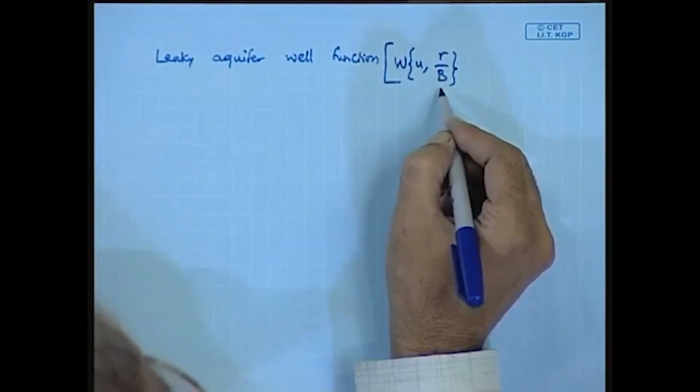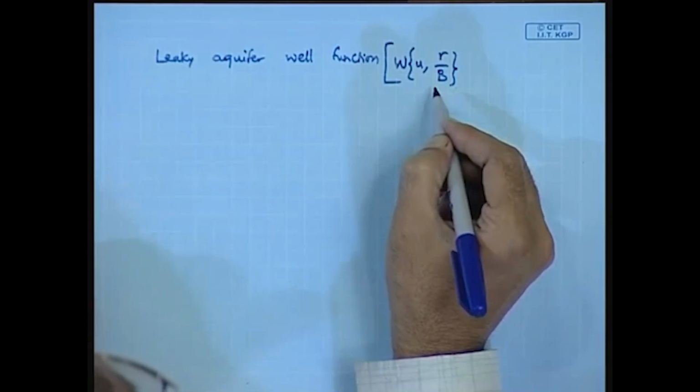That means it is a thickness which represents the equivalent of a leaky aquifer at the bottom having a top aquitard.